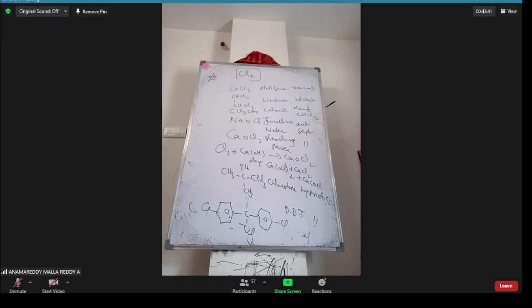Okay, but actually bleaching powder is CaOCl2, right? Yes, sir. In your book has given that composition. Check your book, you can understand. Got it, sir.